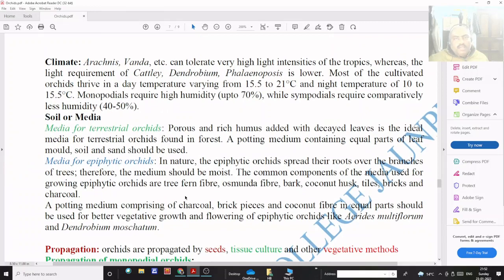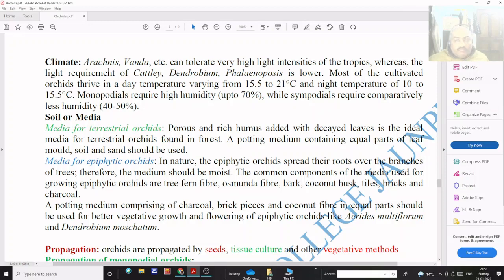Now come to the climatic requirement. As has been outlined earlier, orchids are of varied kinds and have varied origins, and therefore they also prefer varied climatic requirements.